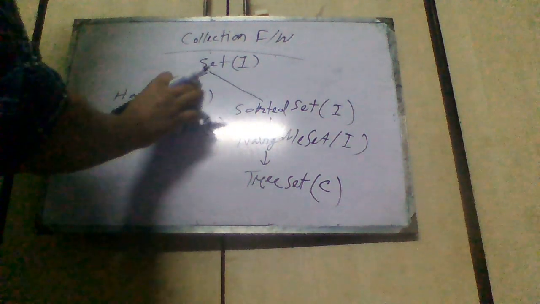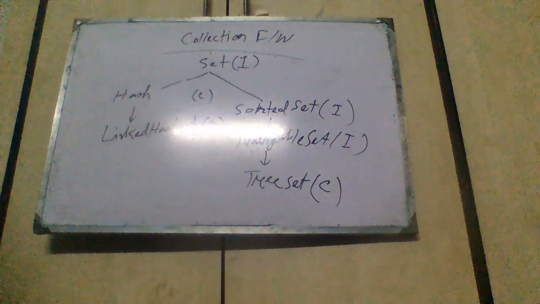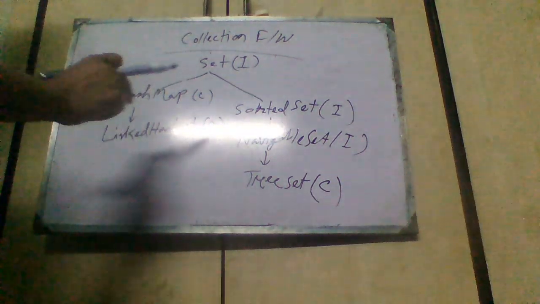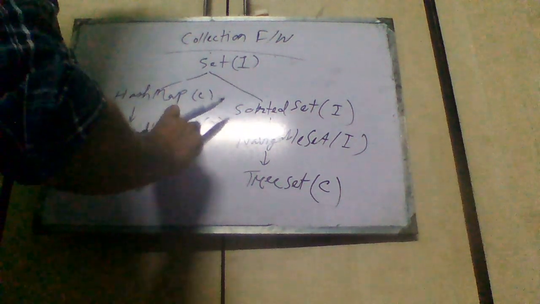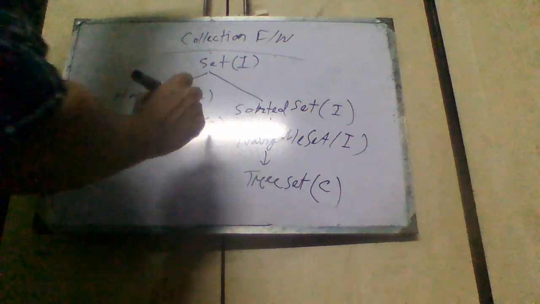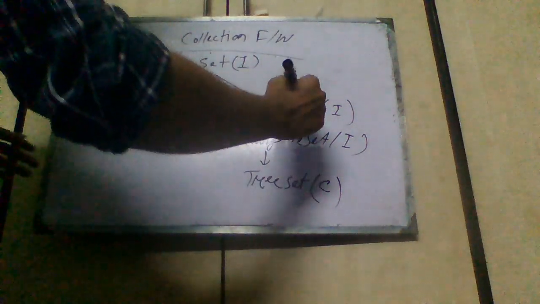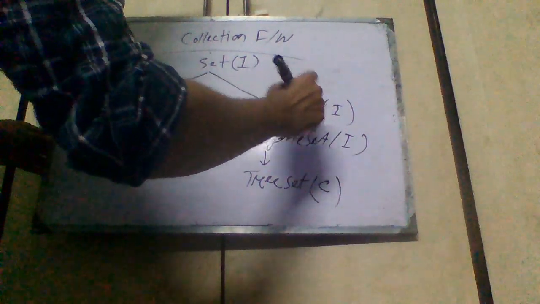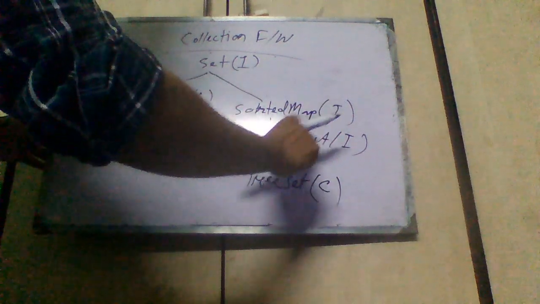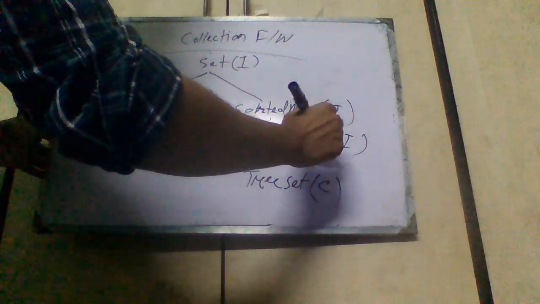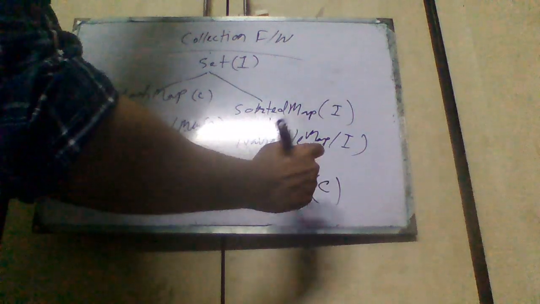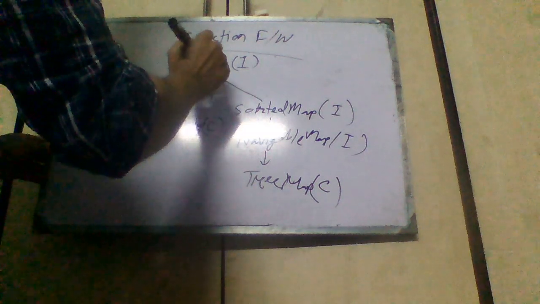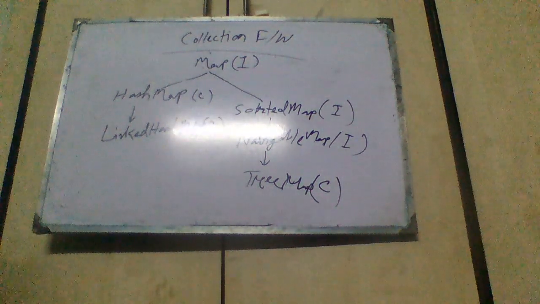Here it will be the HashMap class, the LinkedHashMap class, SortedMap, NavigableMap, and TreeMap. And this is the Map interface.